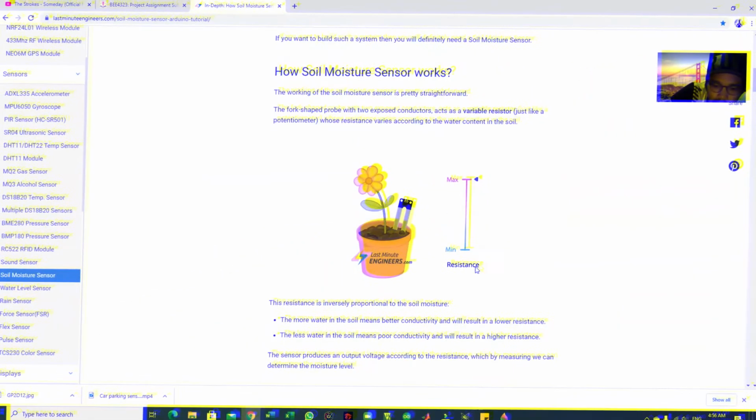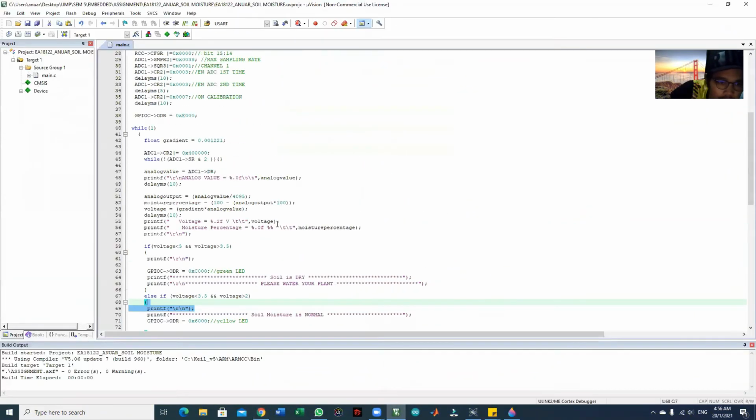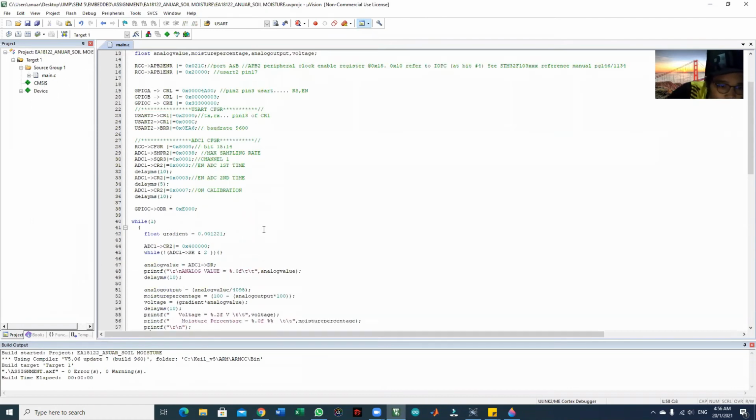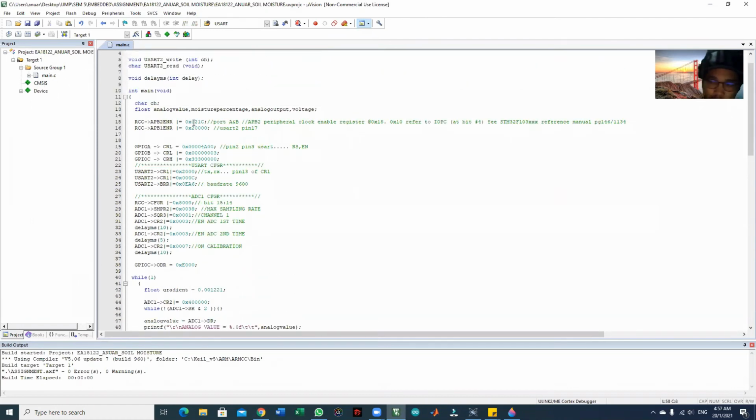I'm going to show you my coding first before we move to Proteus. First we have to declare our GPIO A, B, and C, and declare our clock for USART and also ADC1.